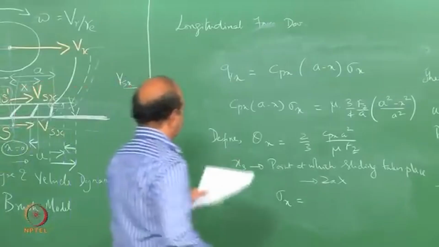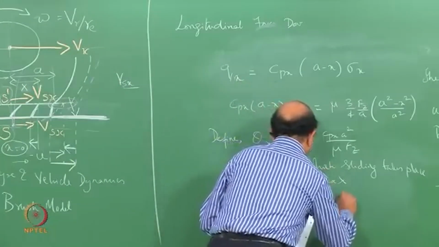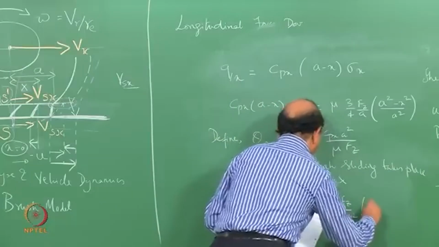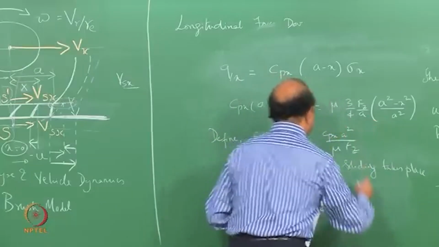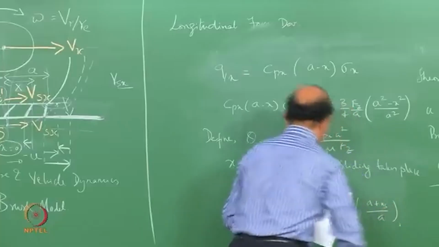It's very simple: 3 by 4 mu Fz divided by Cpx a squared into a squared into a plus xs by a.